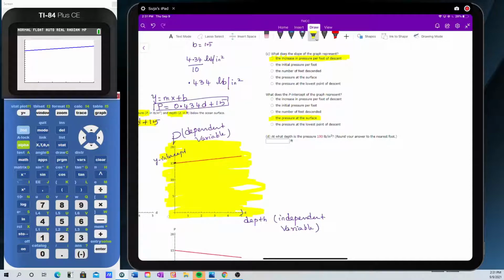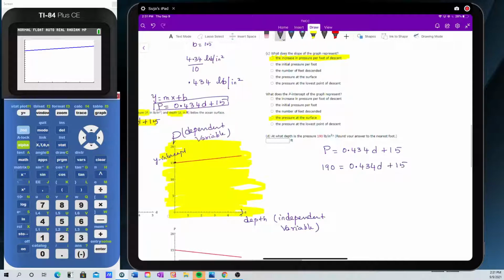The last part is asking at what depth is the pressure 190 lb per inch square. I have the equation P is equal to 0.434 D plus 15. What is given is 190 for the P, so 190 equals 0.434 D plus 15.